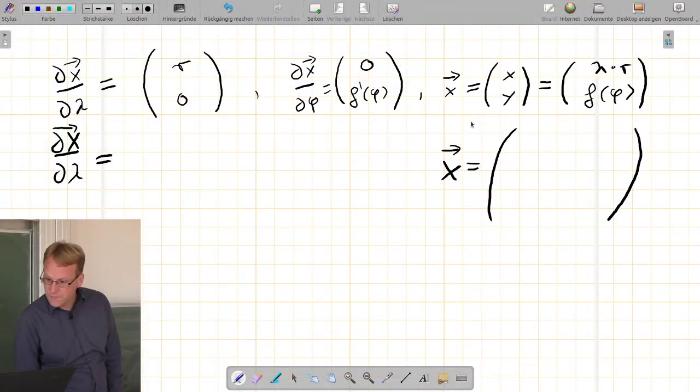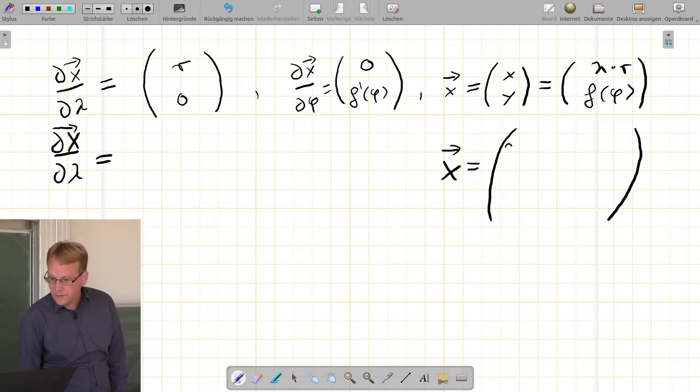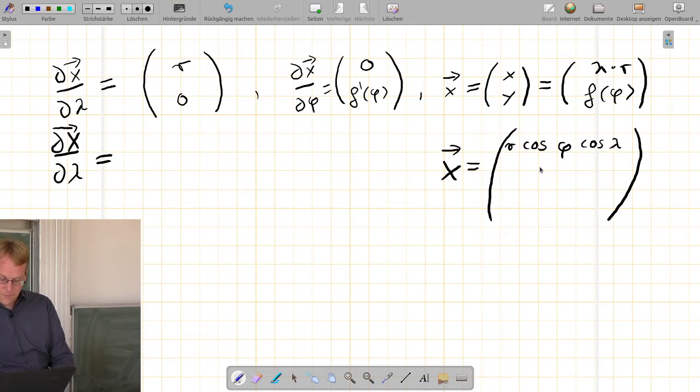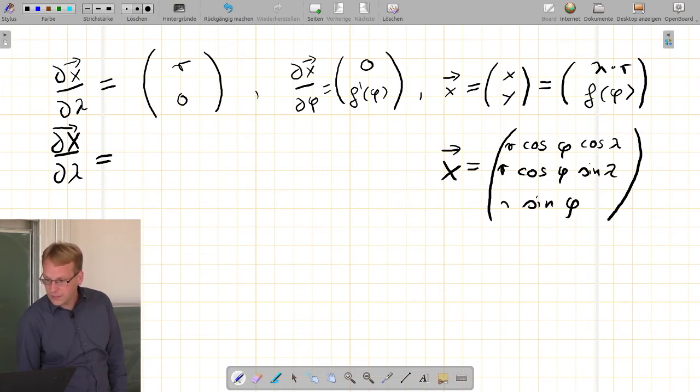So this is r cosine phi cosine lambda, then r cosine phi sine lambda, and sine phi, or r times sine phi.